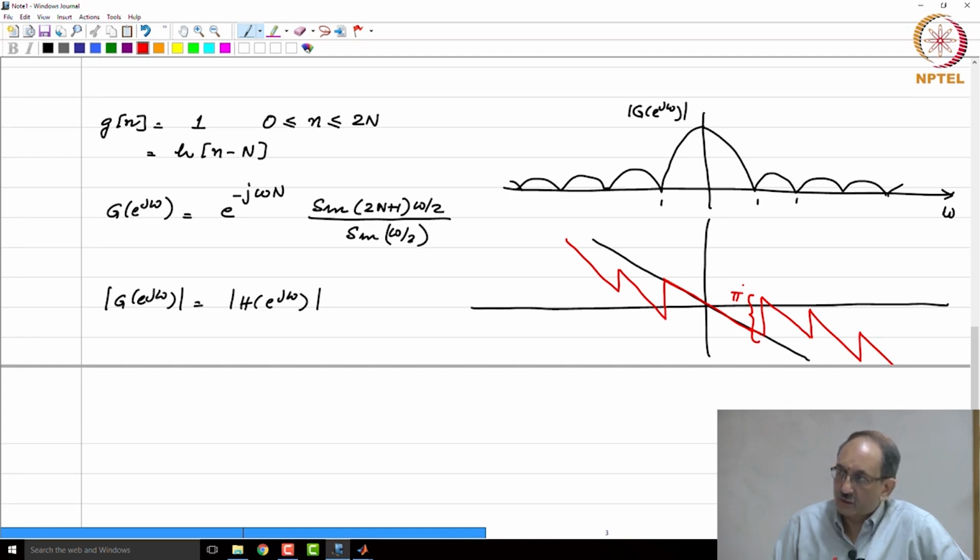So, the phase response is just this minus omega n, and so this is a linear function. That is why I have drawn this black curve, which is linear with that particular slope, with slope of minus n. So, phase response is not limited to be between minus pi and pi. We are going to come to that concept in a minute.